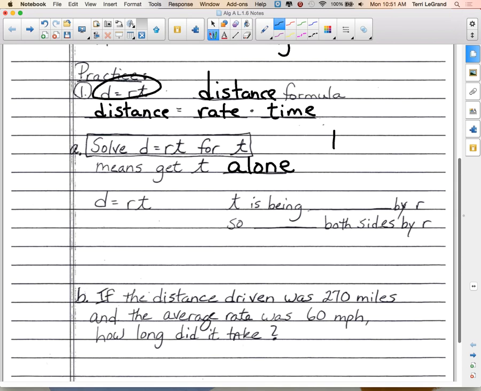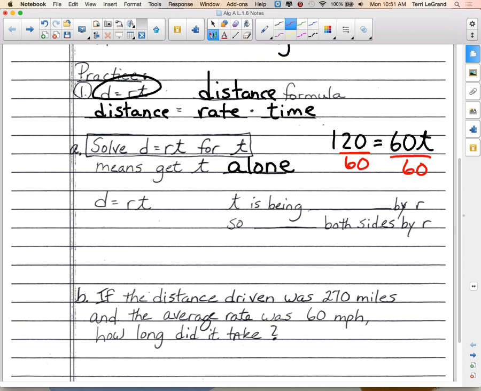If I know that I'm going 120 miles, and I know that I'm going to go a speed of 60 miles per hour, and I just don't know how long it's going to take me, what would I do to solve that equation? Because we know how to solve that. I would divide both sides by 60, wouldn't I? To get T alone, I'd have to divide both sides by 60, and then I would know how long it took me, right?